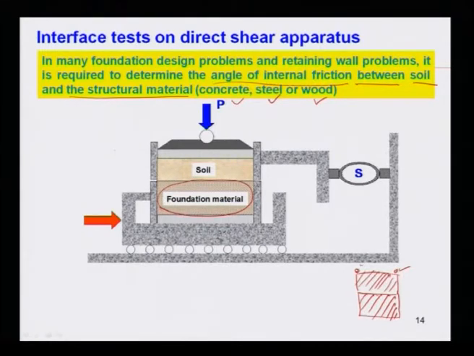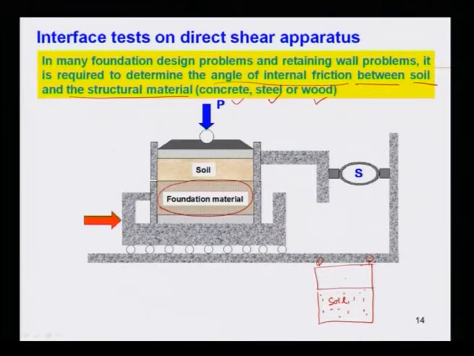Otherwise, you can put the foundation material either in the top part or the bottom part. You take half of this shear box, fill it with your soil material, then take your other half and screw it.